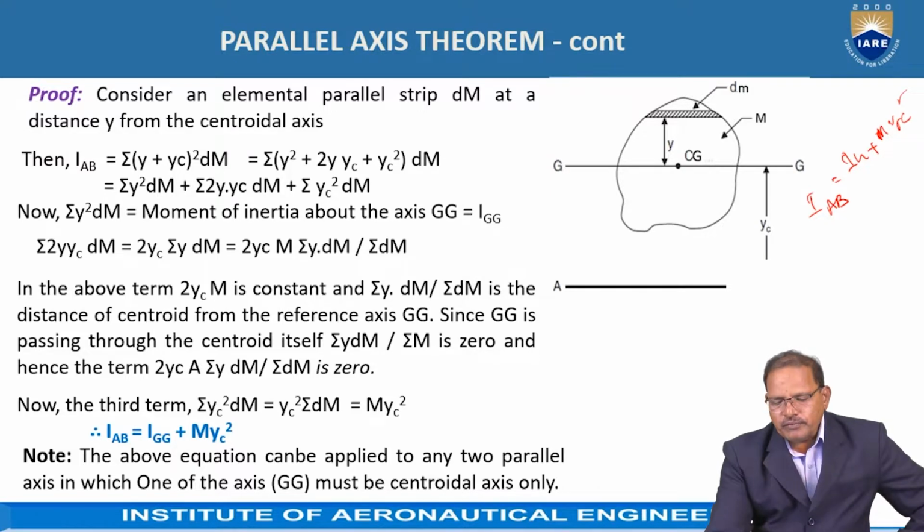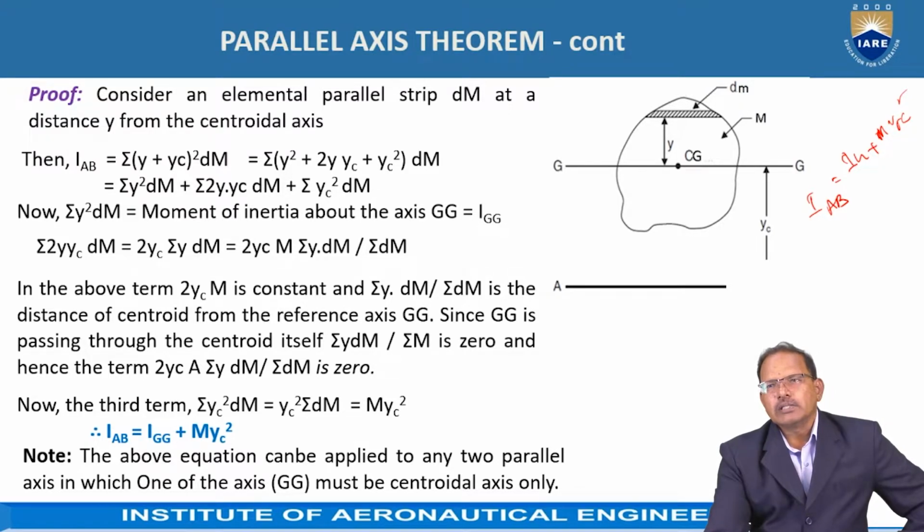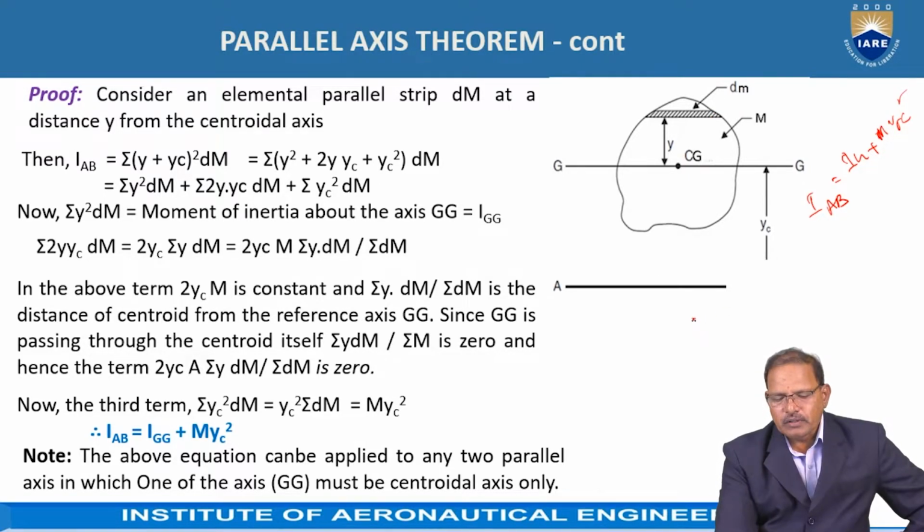Now, in order to prove this equation, let us consider a small strip of mass dm at a distance of y from the central axis GG, as shown in figure. The mass moment of inertia of the small strip dm about line AB is equal to the product of mass and the square of the distance between the center of gravity of the small strip dm and the line AB.